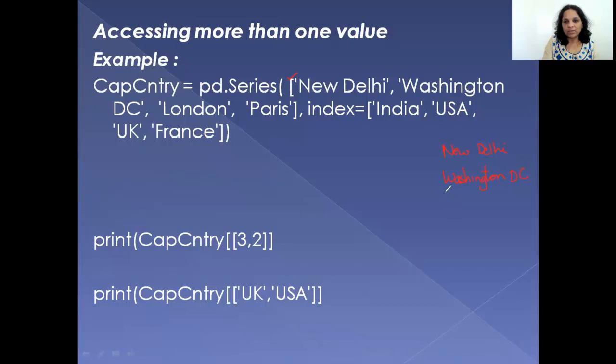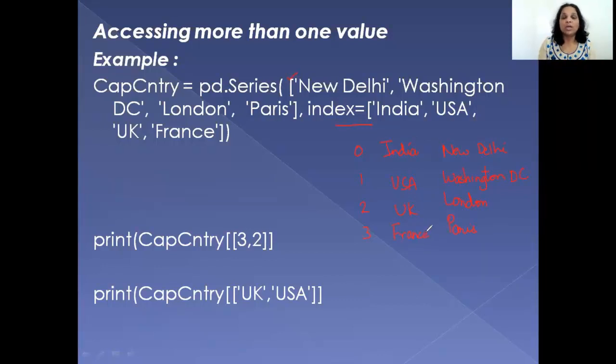The third element is London, and the fourth element is Paris. If I hadn't given the index, it would have its positional index 0, 1, 2, and 3. That's always going to be there. But we have specified the index of the series. So the index is going to be India, USA, UK, and France.